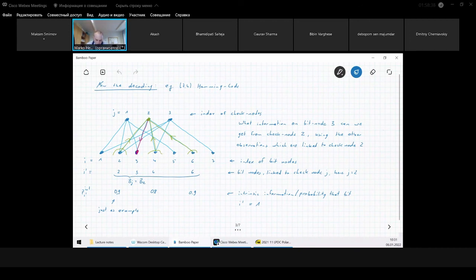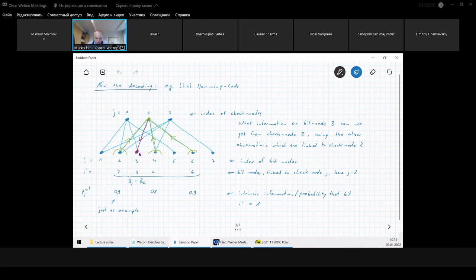So gaining information on specific bits here from using the other observations and from knowing how they are linked together at the check nodes and knowing that a check node 0 actually will be needed at the end to fulfill our parity check equations.